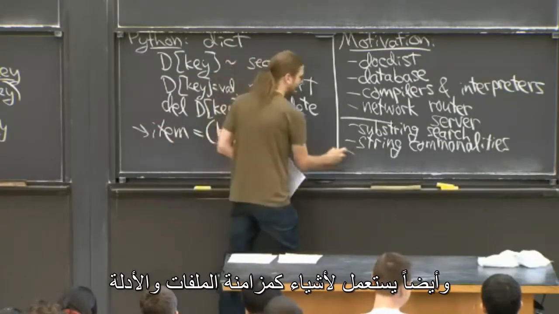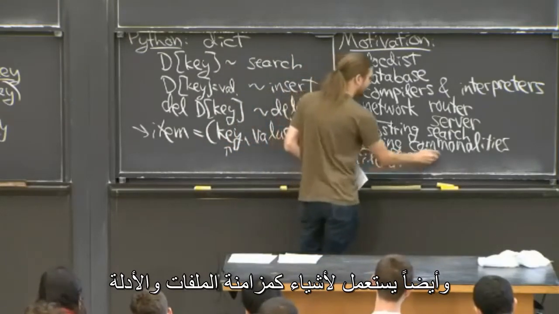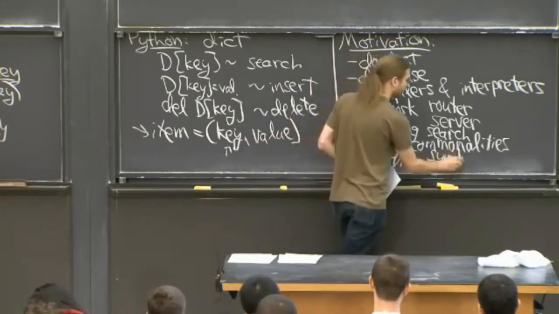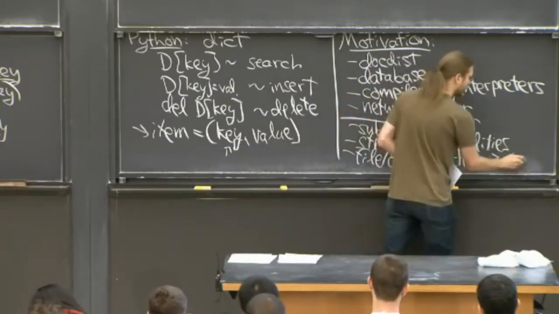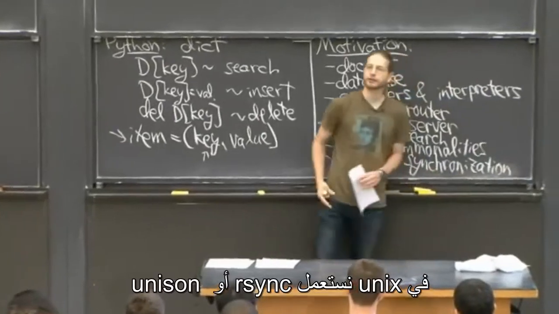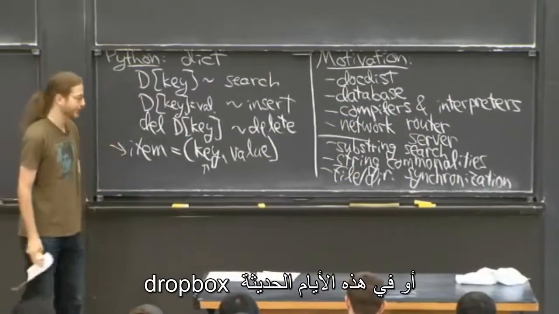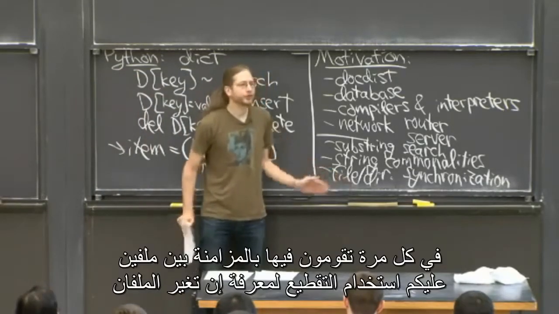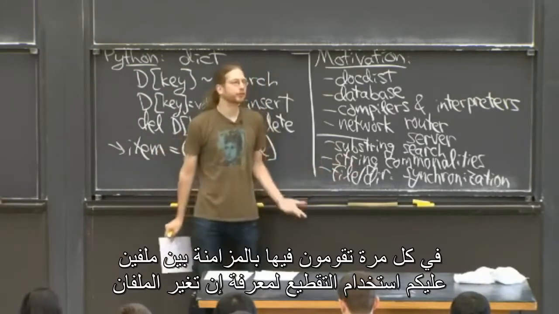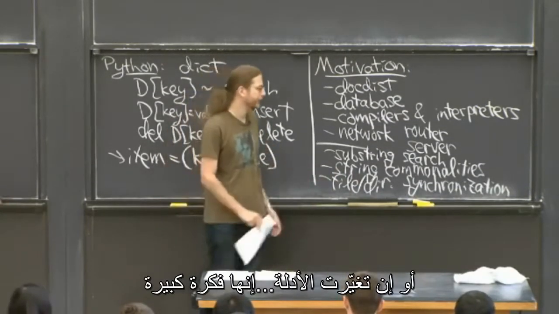Also for things like file and directory synchronization. So on Unix, if you use rsync or unison, or I guess these days Dropbox, MIT startup, whenever you're synchronizing files between 2 locations, you use hashing to tell whether a file has changed or whether a directory has changed. And it's a big idea.